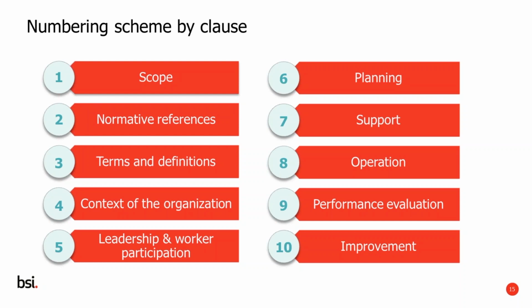Clause 7 looks at establishing support: allocating resources, determining the documented information you need, establishing the competencies of the workers, raising awareness of the people, and looking at how you communicate internally and externally. Whereas clause 8 looks at operational planning and control.